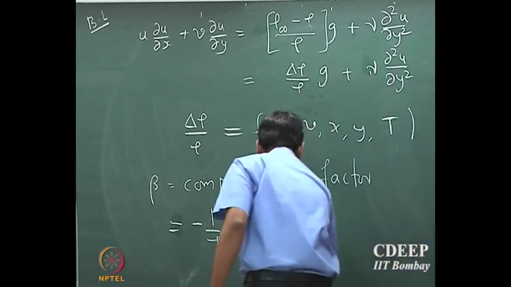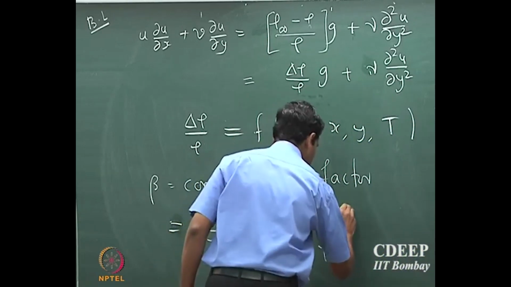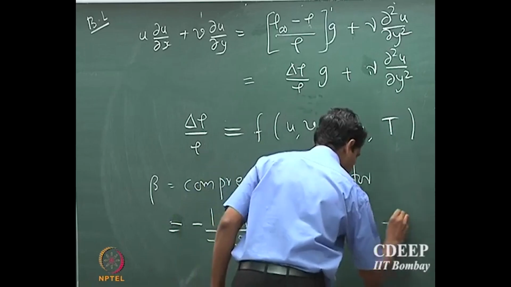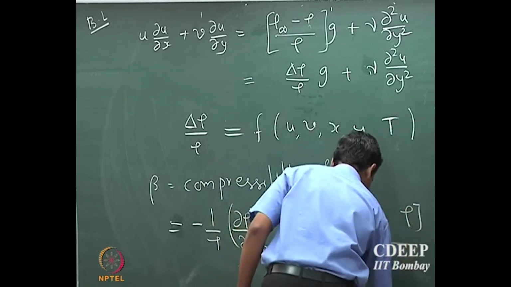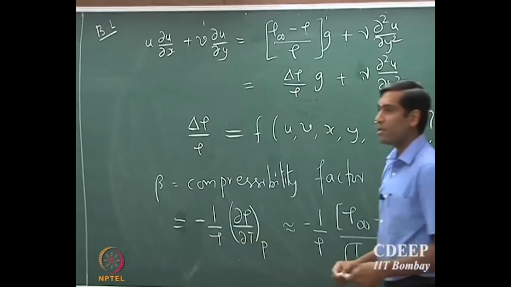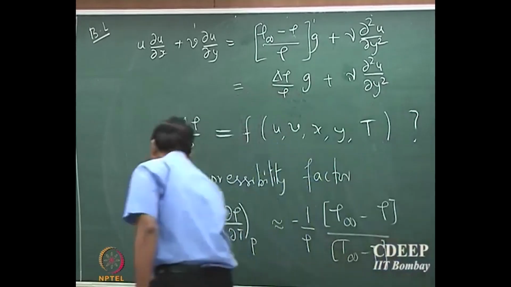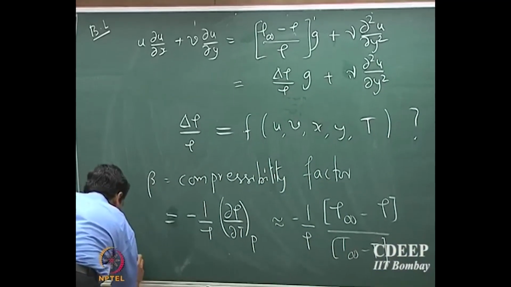So therefore we can approximate this as minus 1 by rho. So this approximation is what is called the Boussinesq approximation, after the person Boussinesq.